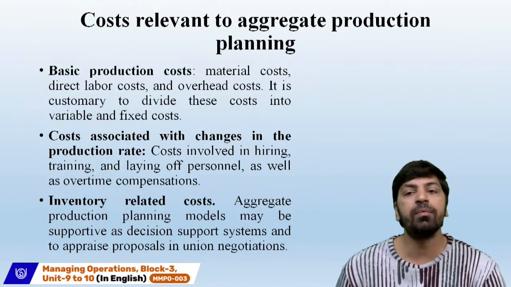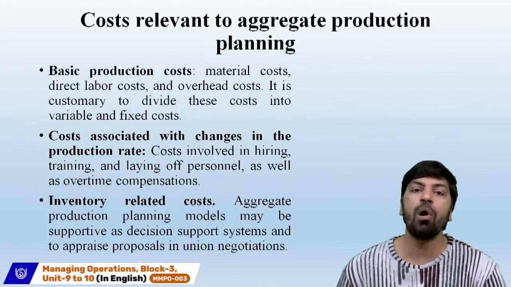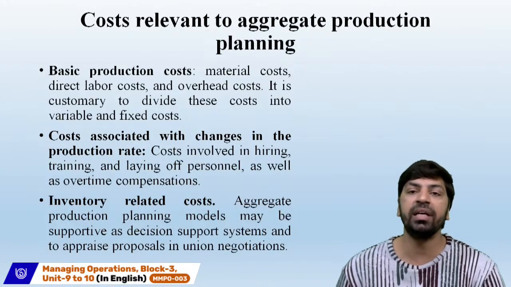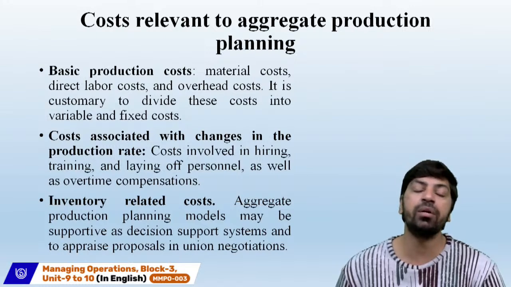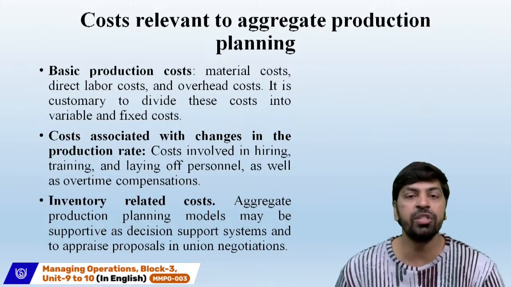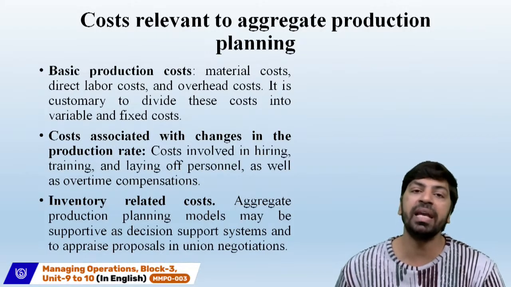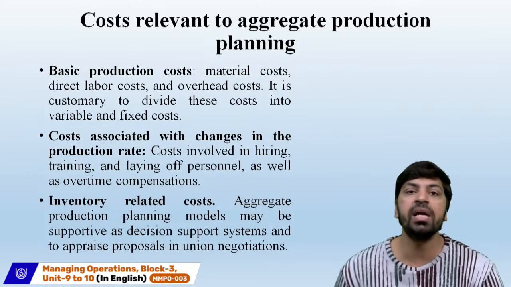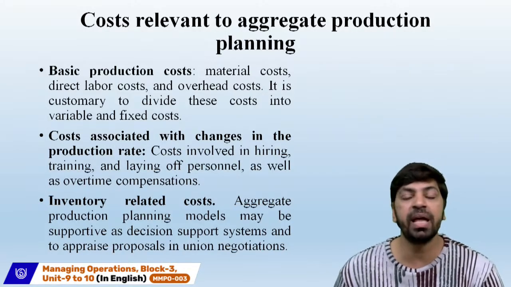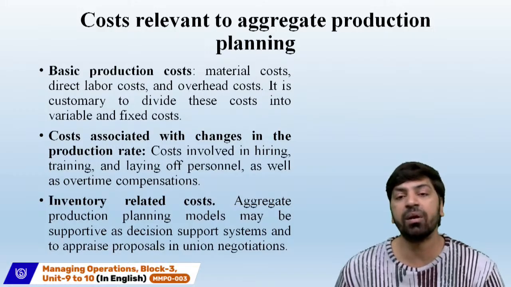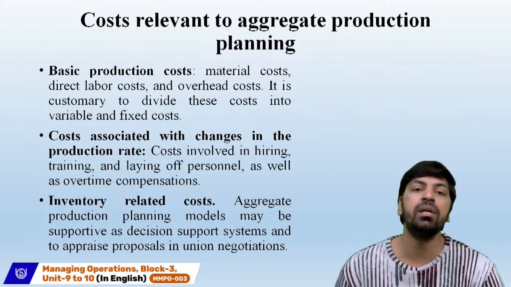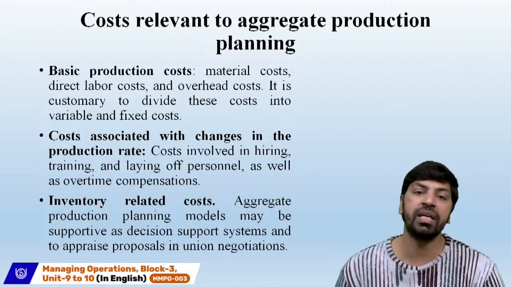Now we come to the next section, the costs relevant to aggregate production planning. There are three main costs which are very relevant to this concept. The first one is the basic production cost. It includes the material cost, direct labor cost, and overhead cost, and it aims to segregate these costs into variable and fixed costs.